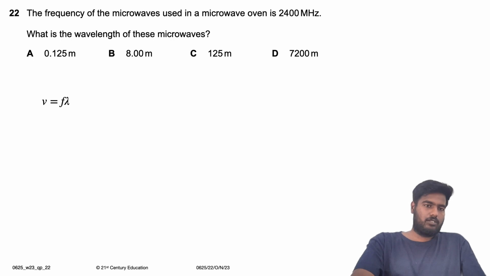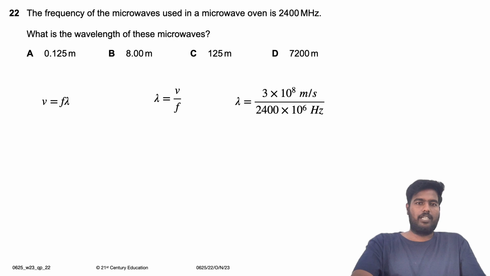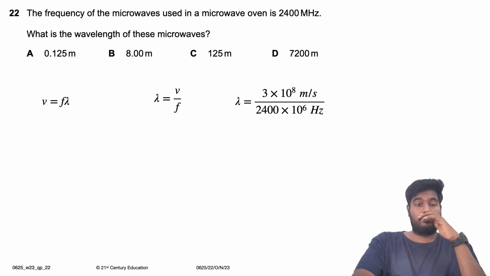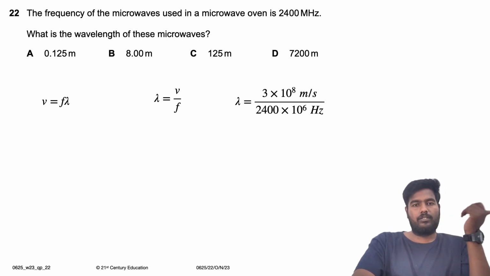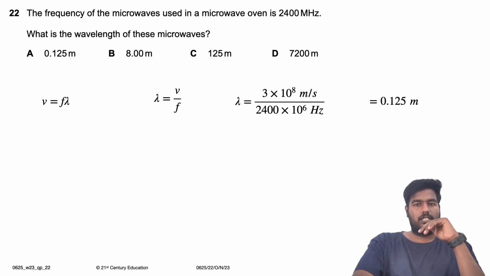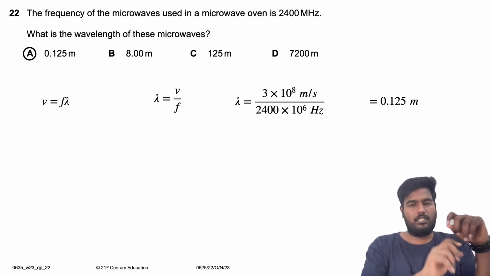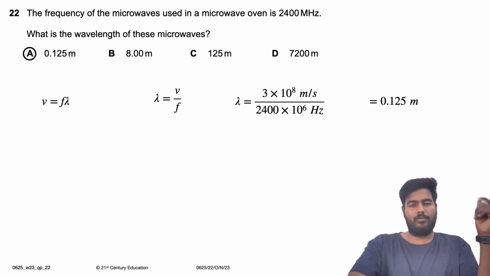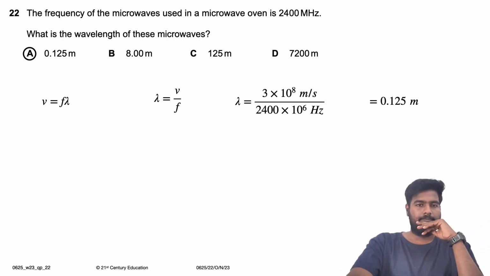They are asking for lambda, so it's v by f. v is 3 into 10 power 8, divided by f, which is 2400 into 10 power 6 hertz. So 3 divided by 2400 is 0.15 meter. Option A is the right answer. Or if you know the spectrum, this wavelength range is microwave. That way also you can answer.